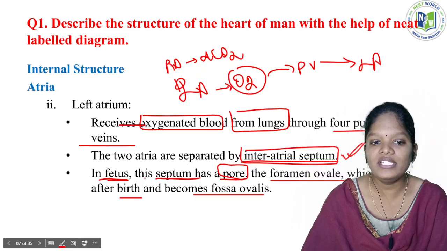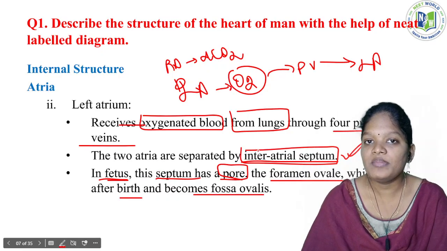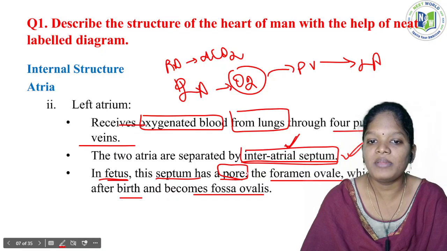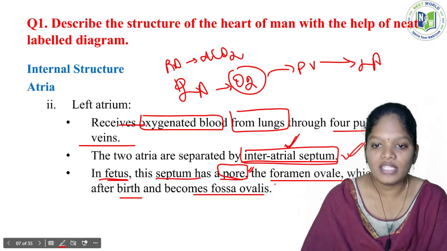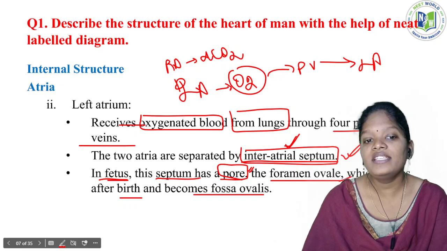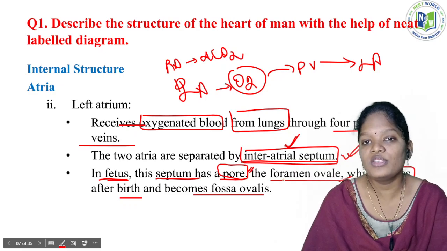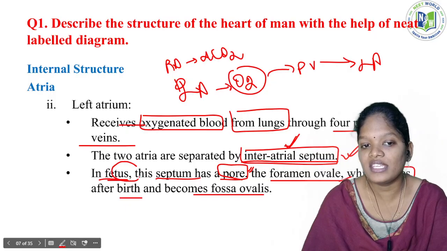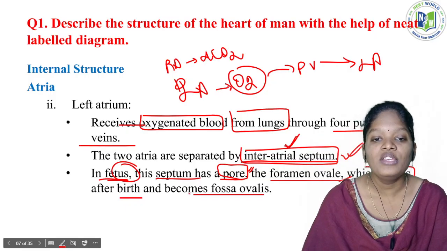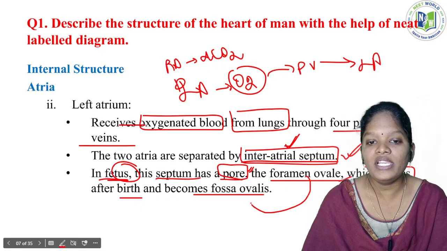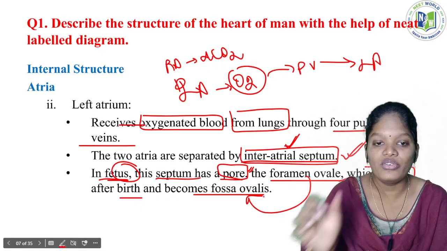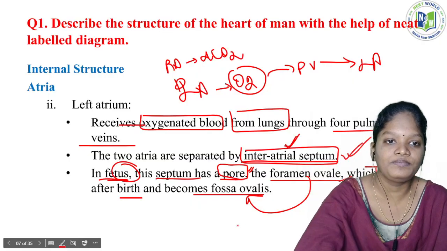So this interatrial septum has a pore, and that pore is nothing but the foramen ovale. It is open during the fetus stage and closed after birth. This foramen ovale becomes the fossa ovalis.